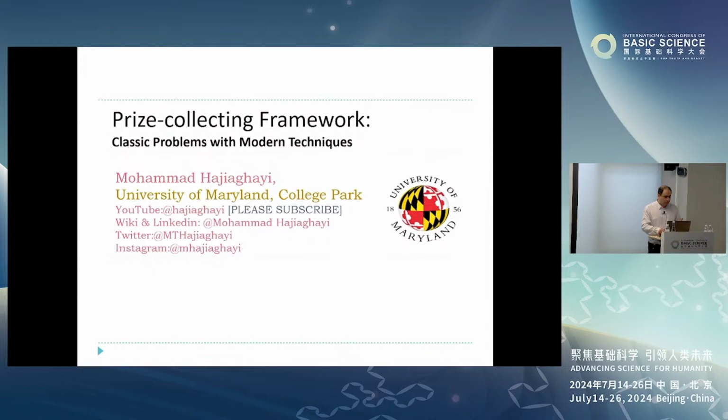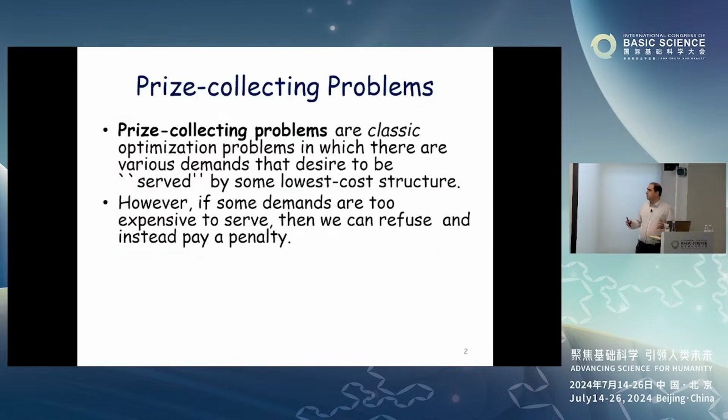Great. Now let's go. What are price collecting problems? Price collecting problems are generally some optimization problem. You have variable demand that you need to satisfy, and you want a low-cost structure.